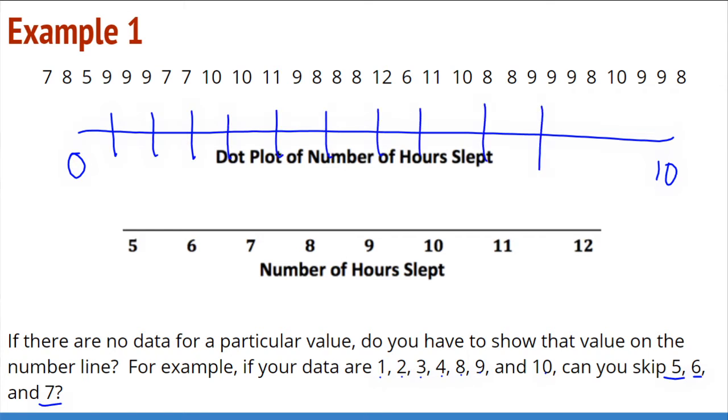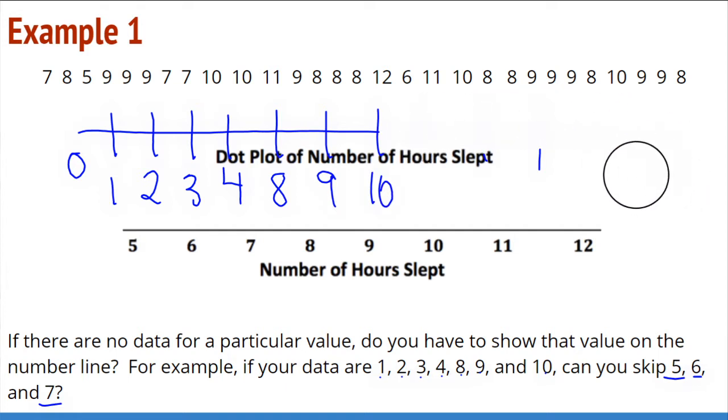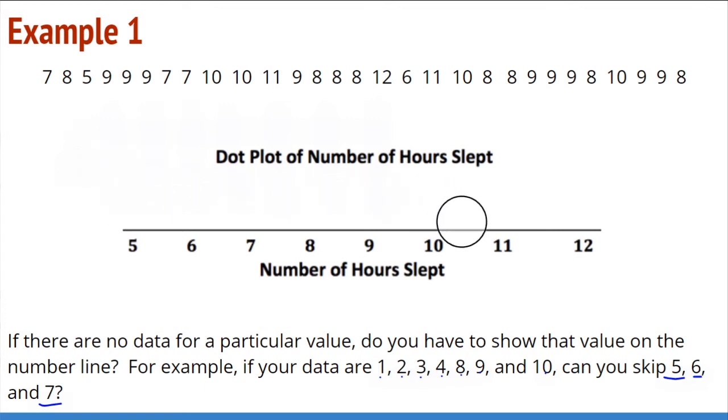So could I go 1, 2, 3, 4, 8, 9, 10, and just skip the rest of it? And the answer to that question is no, you can't do that. You have to leave the spot there. That is how you are reporting that there was no data.